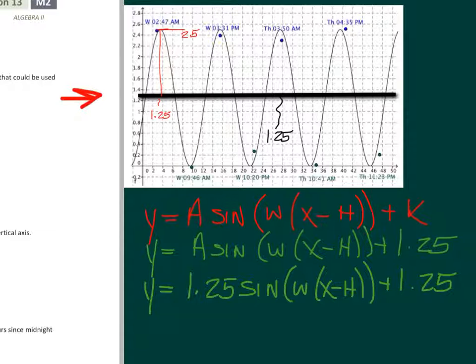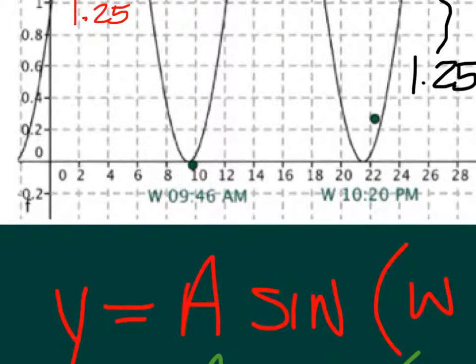And now for the w. Yeah, question. Alright, we can probably do the w in there. We can do the distance between two minimums or two maximums and come up with some kind of a distance on the x-axis, like from here to there.